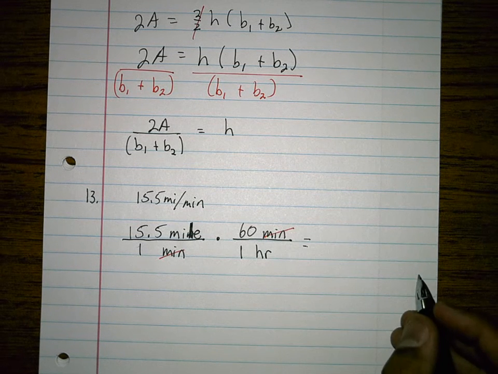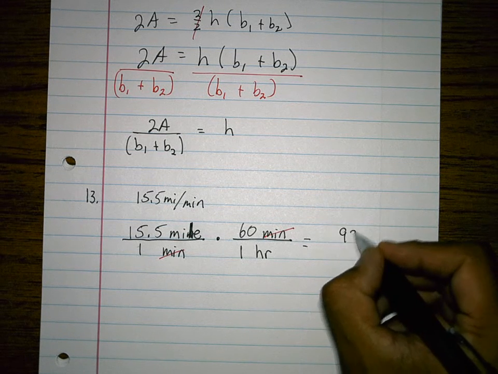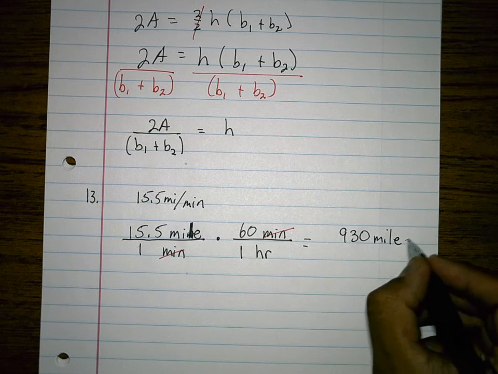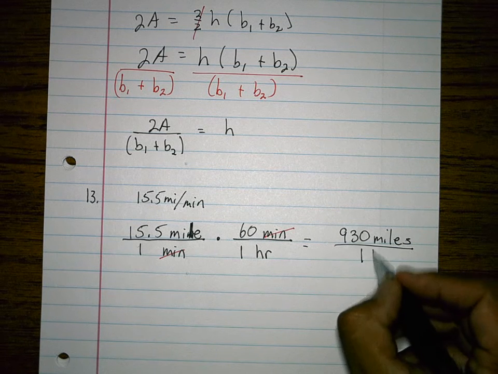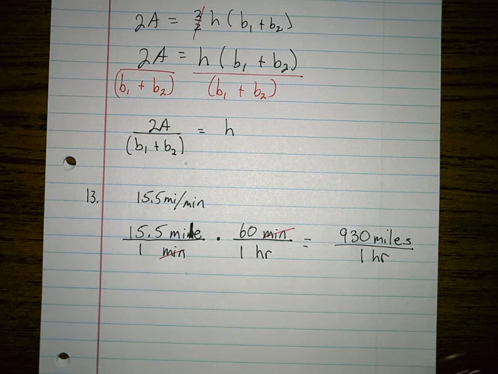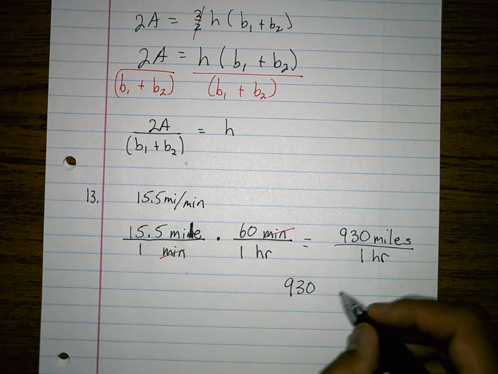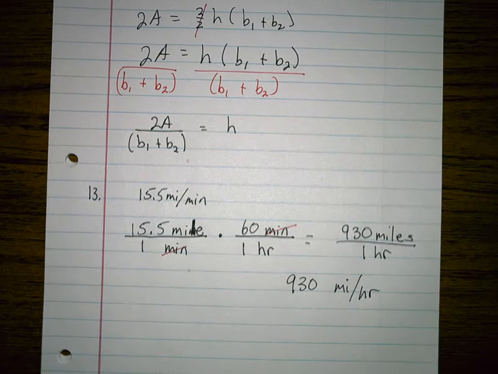Then I do 15.5 times 60, and that comes up to 930 miles, all over 1 hour, because it's 1 times 1. If I wanted to simplify that a little bit, I could say 930 miles per hour. That's how I could rewrite that.